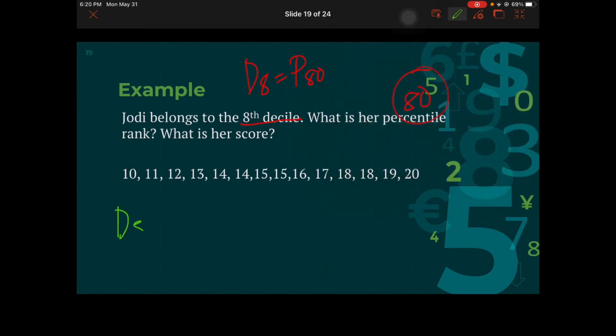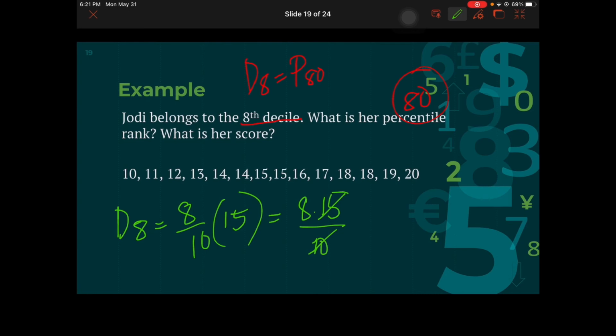So, ang hinahanap natin ay D8 or the 8th decile. That's 8 over 10 times yung ating n plus 1. So, ang n natin ay 14. This is going to be 15. Okay? So, in order for us to solve, this is just going to be 8 times 15 over 10. Ito ay magiging 3, 2, magka-cancel lang yan. We are looking for the 12th position.